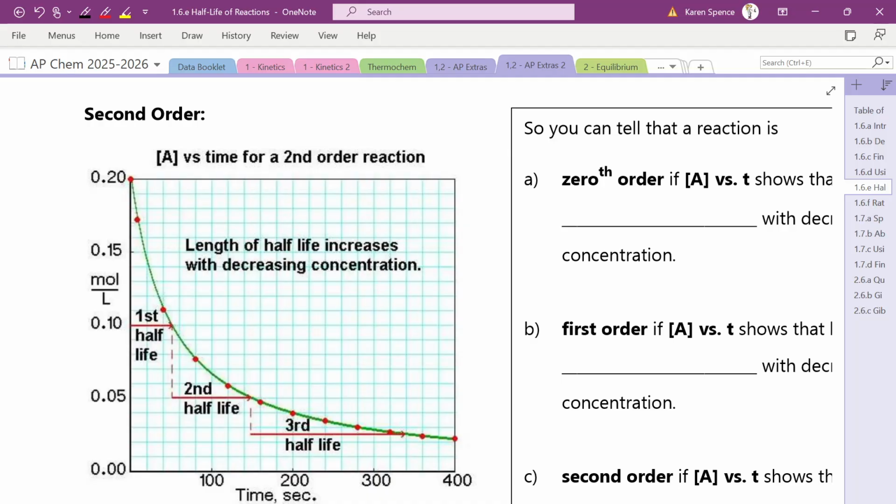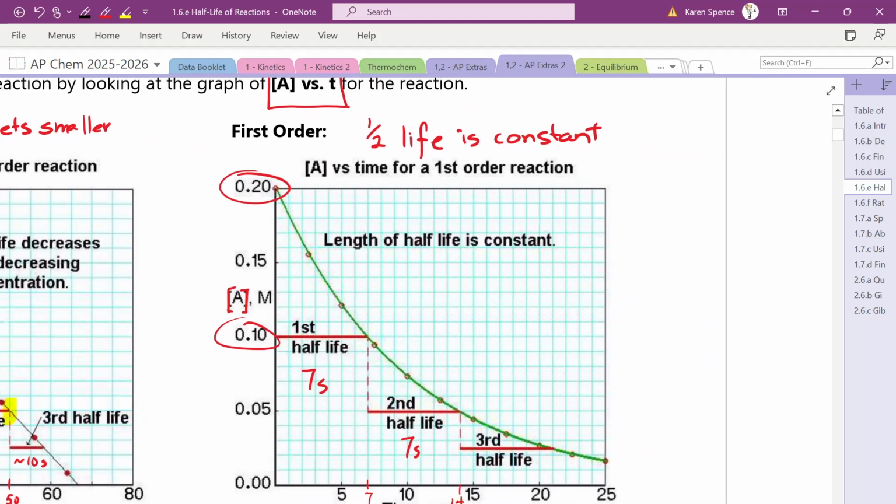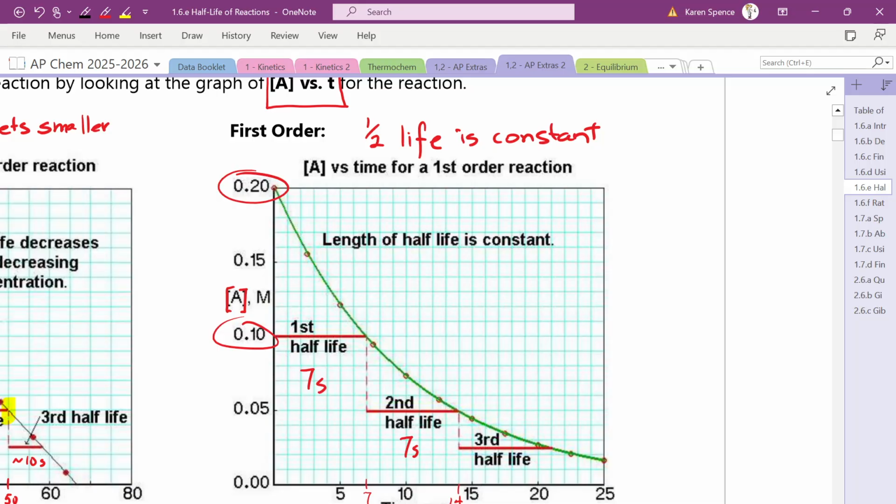For 0th order, I think it would be enough to just say, oh, it was a straight line when we graphed concentration of A versus T, so obviously that is 0th order. But for first order, you could say, hey, I've got a constant half-life. That indicates that I've got a first order reaction, right? If I graph A versus T and it's got a constant half-life, that is first order.